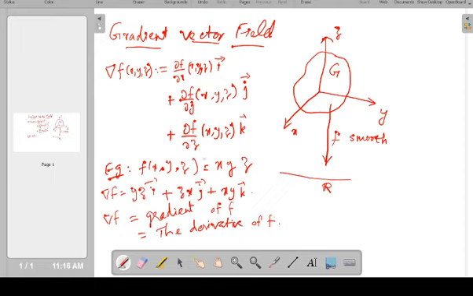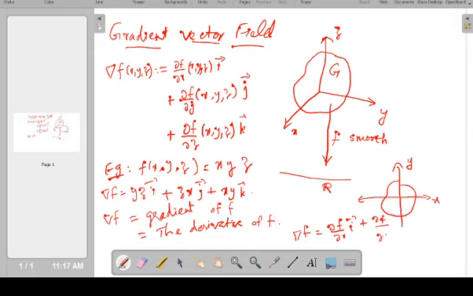Now if I have a function defined over a region in the xy plane, then the corresponding definition of del f is dou f by dou x times vector i plus dou f by dou y times vector j.